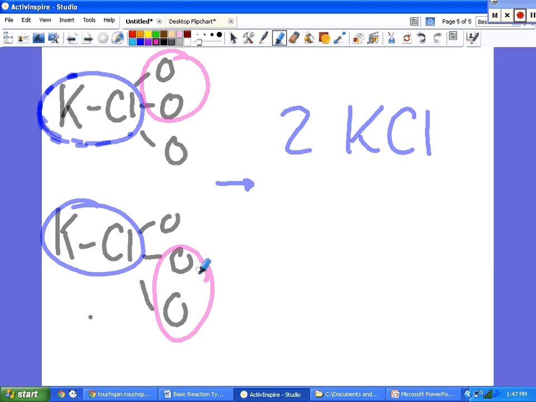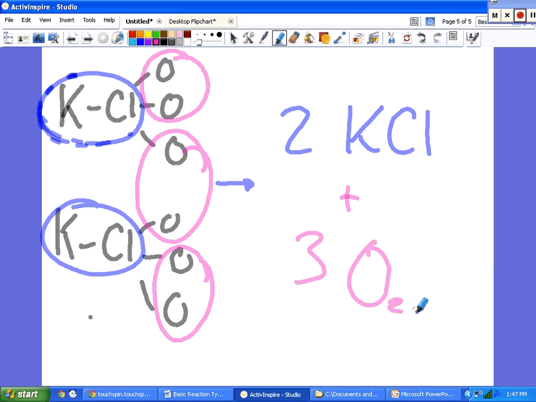So what can these 2 do? They can combine to form that plus 3O2. So does that make sense of schematically kind of how it works? Now, it's a schematic. It's a drawing. It's a visual representation.